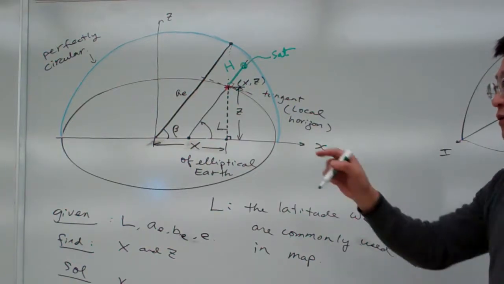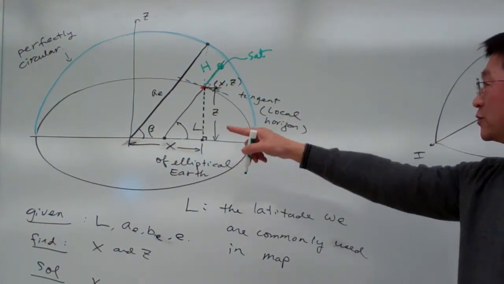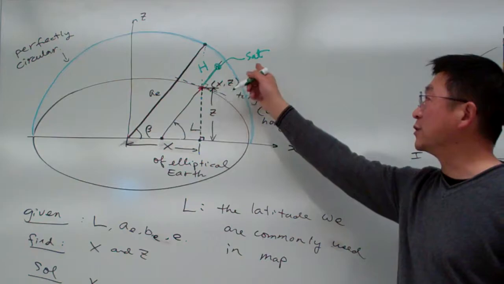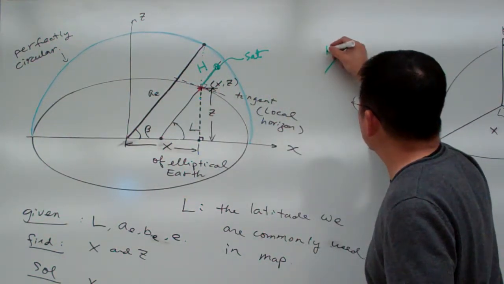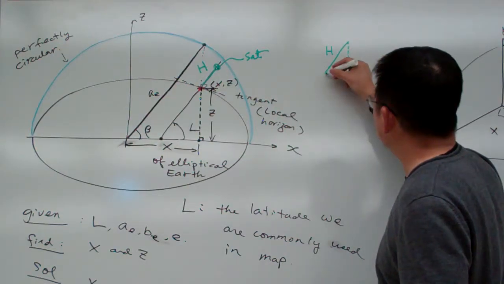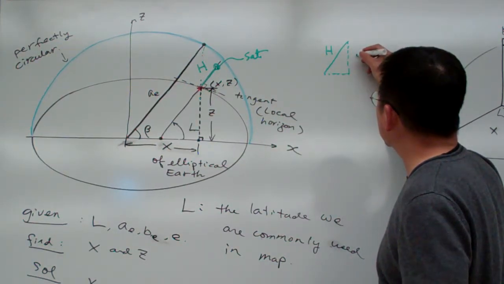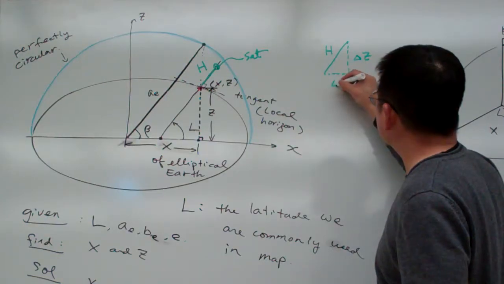Okay, so basically we can extend that information to consider the measurement of the satellite. Consider this one: if this is h, we simply project it into two components. Let me call this delta z, and this delta x.